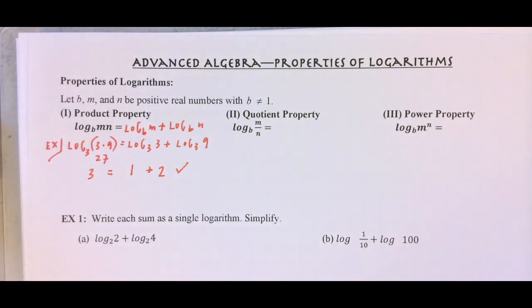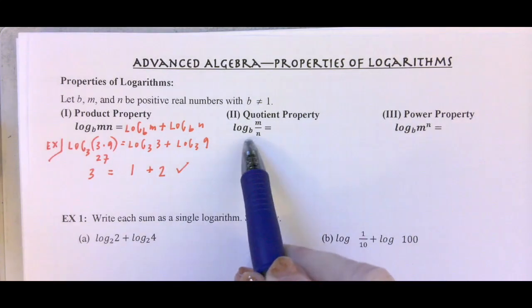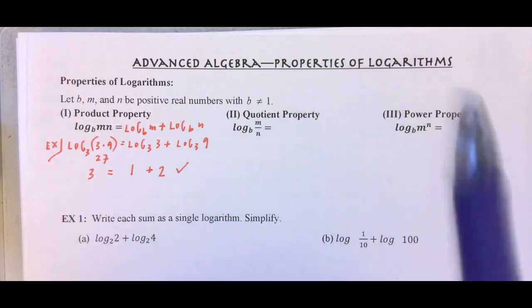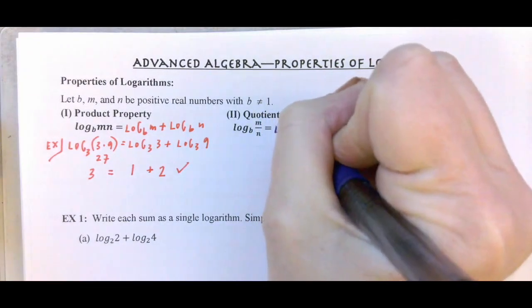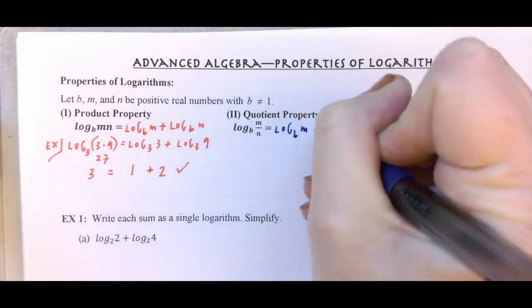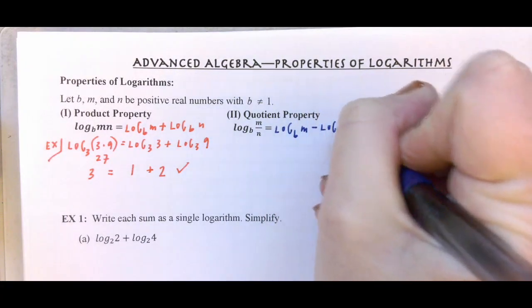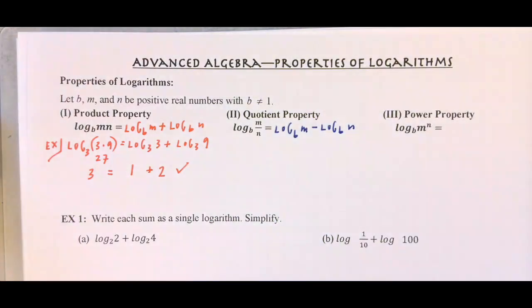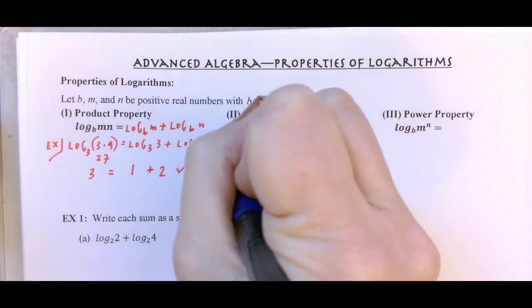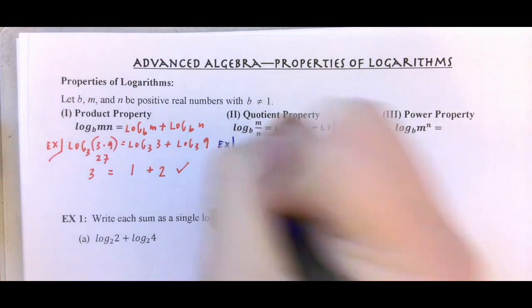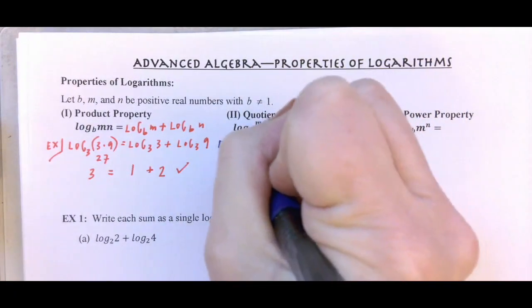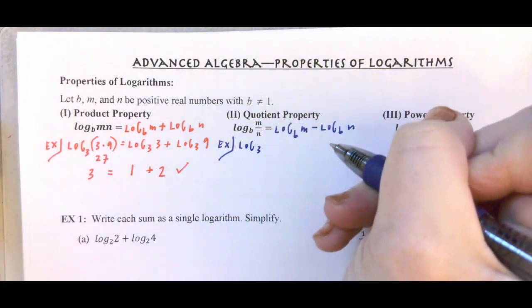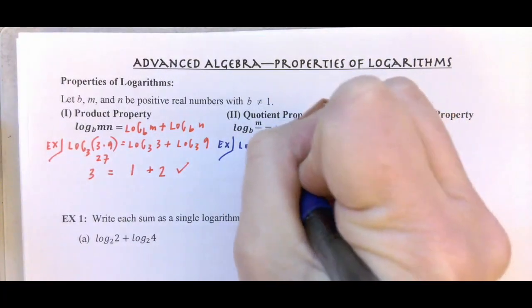Okay, next is the quotient property, just a fancy word for fraction. So log base b of m over n. Here I can split them up using subtraction: log base b of m minus log base b of n. Again, let me give you another example. Let's say that I had log base 3 of 3, but I'm going to write that as 9 over 3.